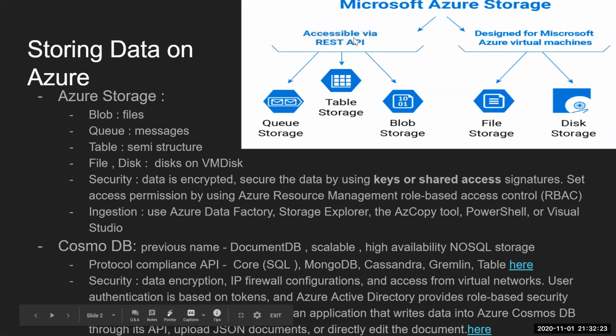One is access via API, and this one is used mainly for virtual machines only. So let's forget about this part. To access it, you can use the REST API or SDK, they can access through SDK too.